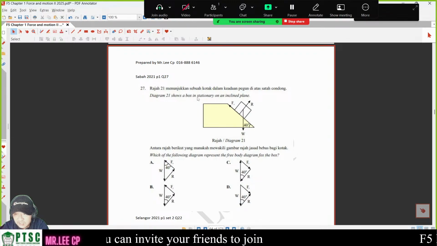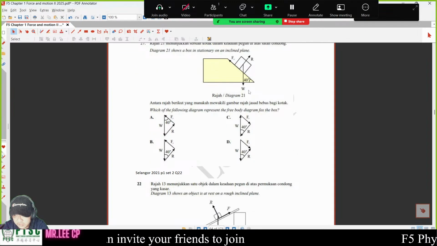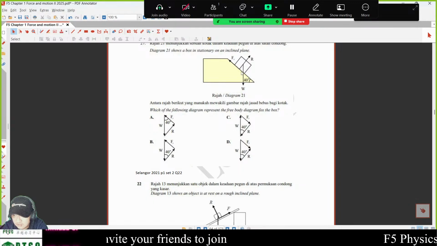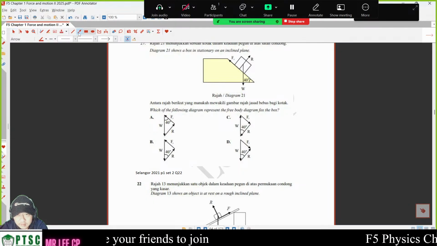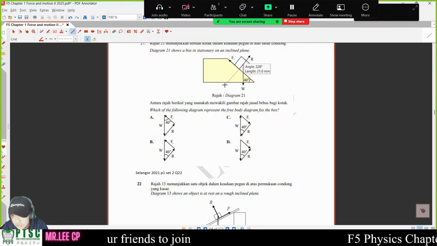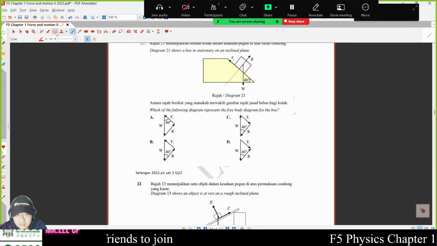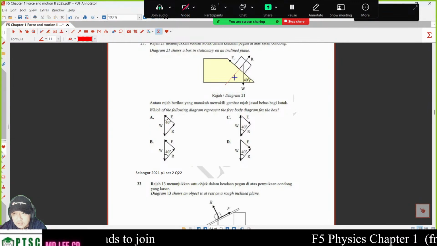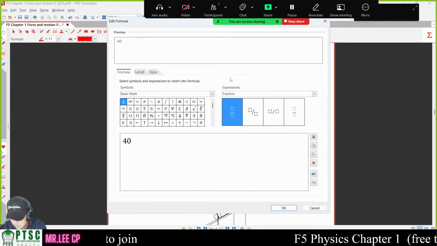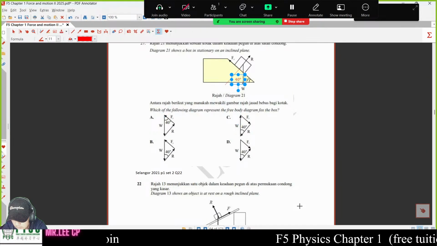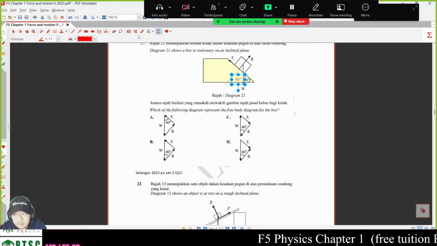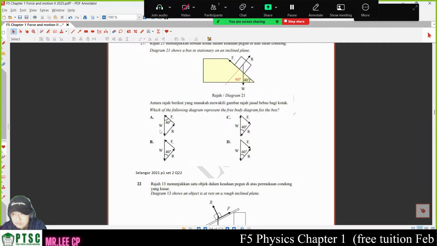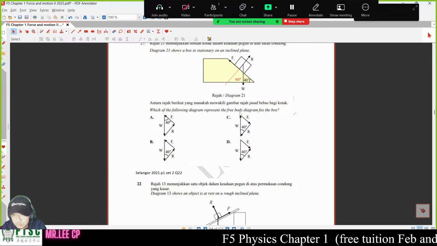That is a box stationary on the inclined plane. So this is R, this is W. They have labelled all the forces already. Here there is an angle of 40, this is 40 degrees. They ask which one represents the free body diagram.